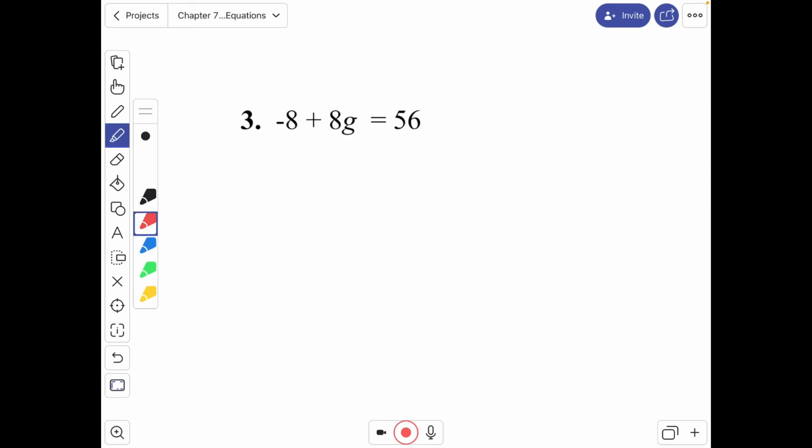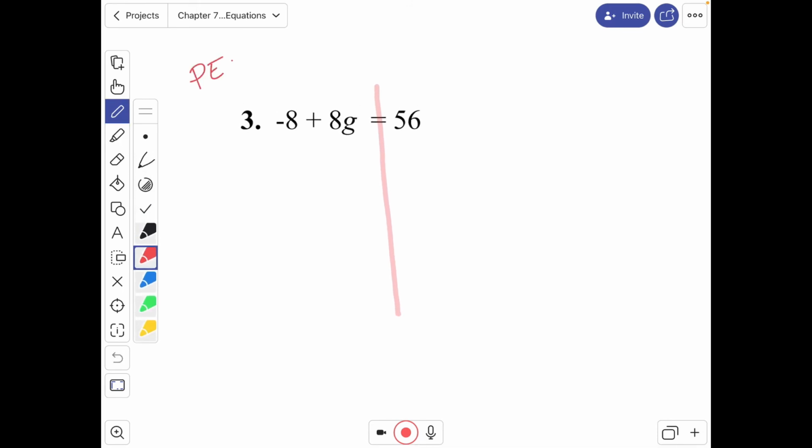Let's look at number 3. So, first, we're doing everything backwards. PEMDAS, GEMDAS. We're going to do it that way instead. So the subtraction and addition have to be undone first. So it's plus a negative 8. The opposite of that would be a positive 8.